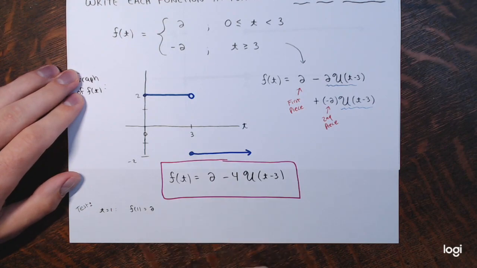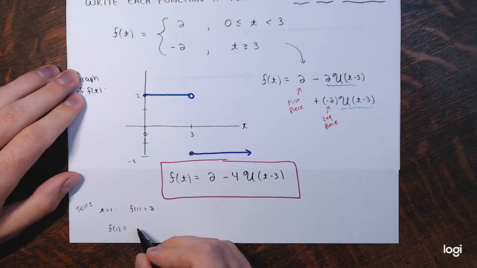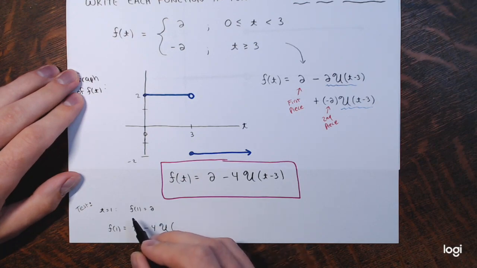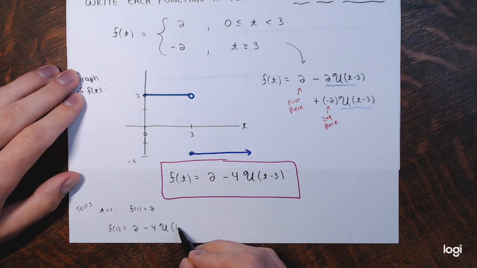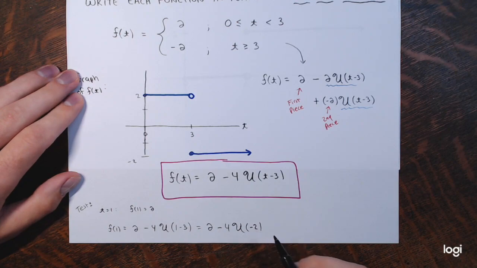But if we use this one here, f of 1 is going to be 2 minus 4 times u, the unit step function, evaluated at 1 minus 3. So that's 2 minus 4 times the unit step function evaluated at negative 2.